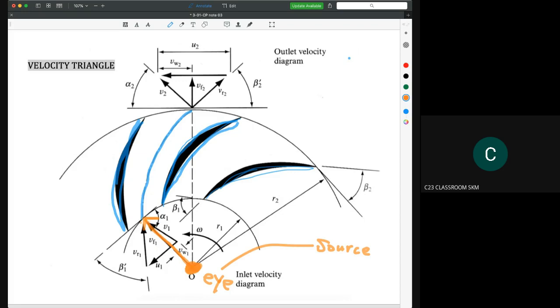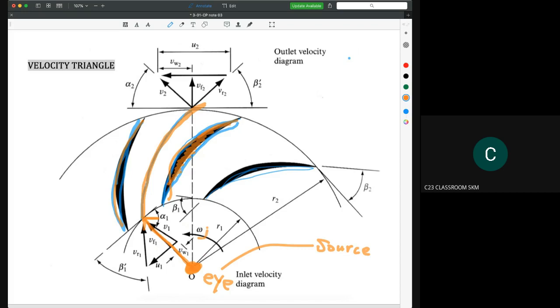Because we have two blades here, for sure water will go into this line. Just imagine water goes through the center line of the blade like this. At the same time, the blade here rotates at a certain speed.